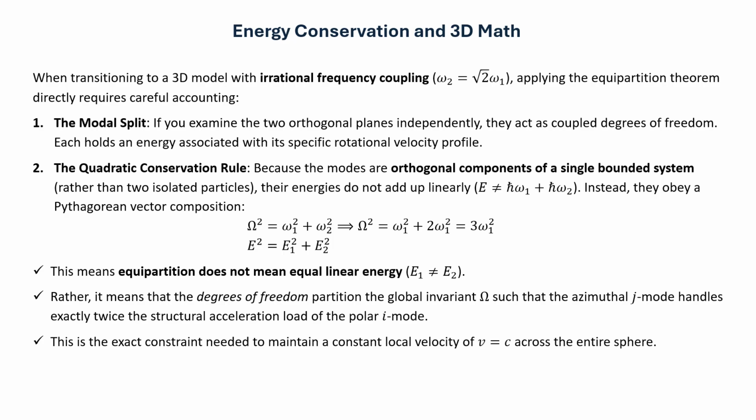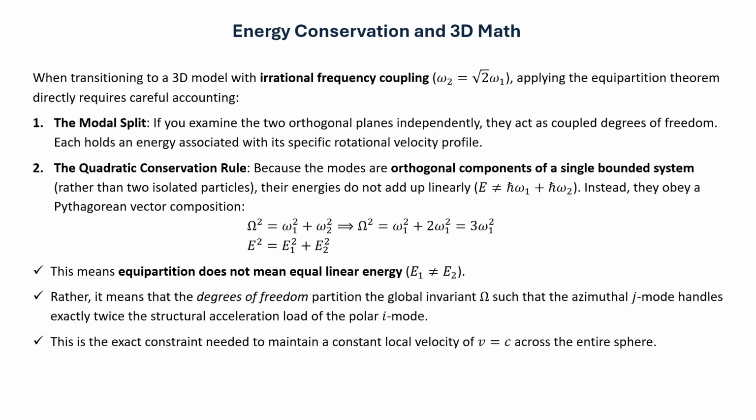So you have an equipartition there, it applies, which is why we think our model really makes sense. But it doesn't mean equal linear energy. E1 is not equal to E2, which also makes sense in light of the fact that we have a very specific magnetic moment, which means there's an asymmetry there.